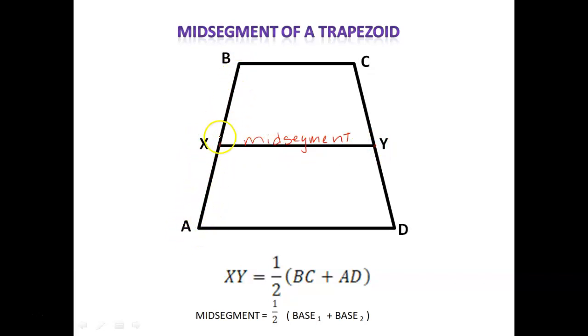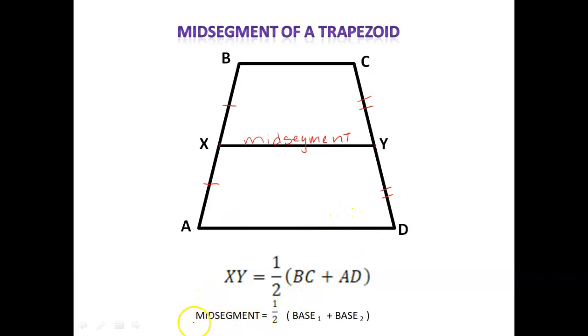So AB is the first leg, and I know that AX is congruent to BX, and I know that CY is congruent to YD. And then you have your formula. The midsegment XY is equal to 1/2 of BC plus AD.